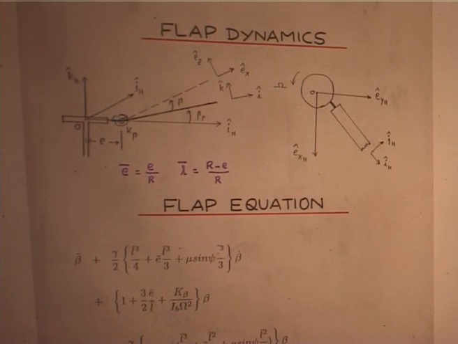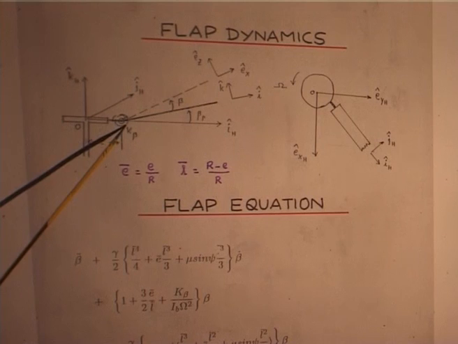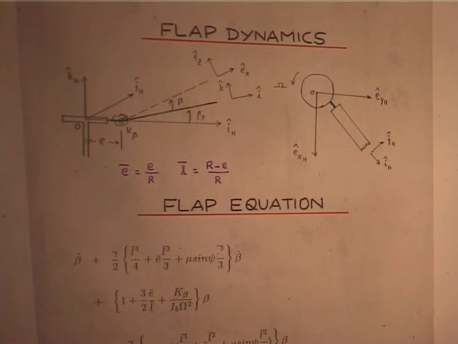You can represent it equivalently as an offset hinged spring restraint blade model. Even our blade is similar. Now, you have to write the flap dynamic equations for this model.